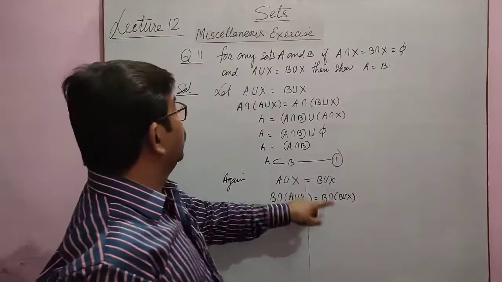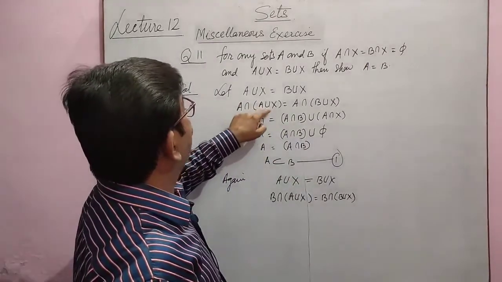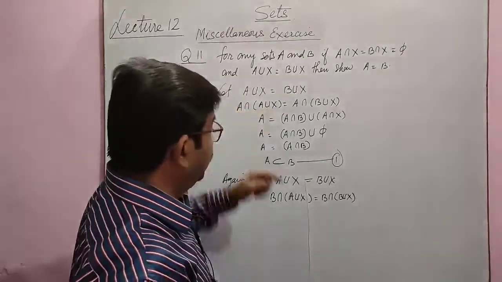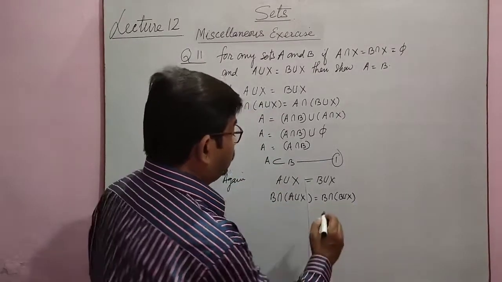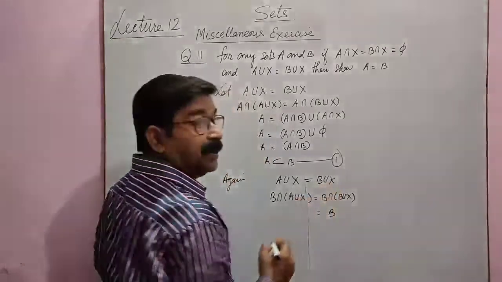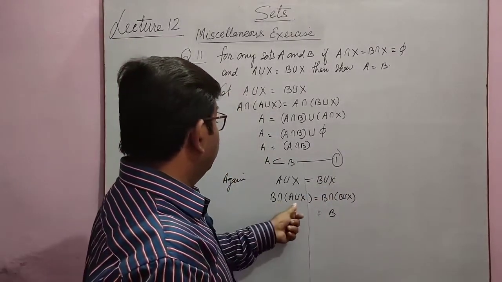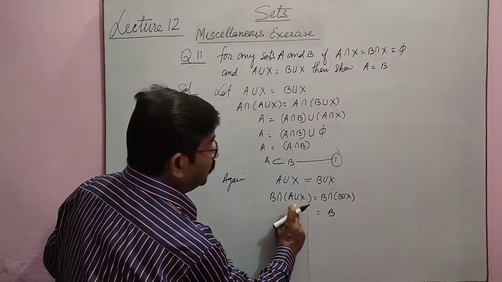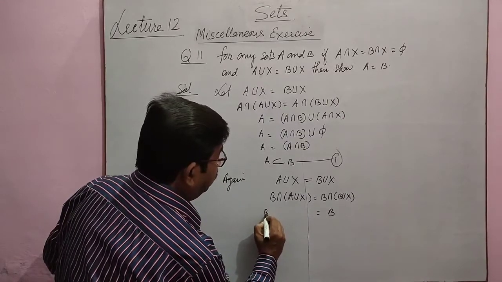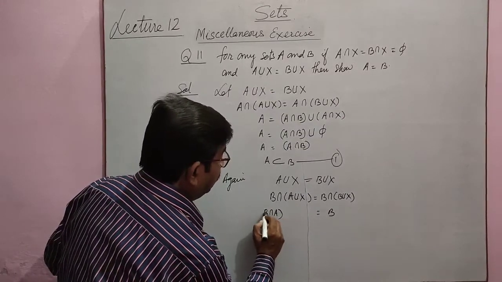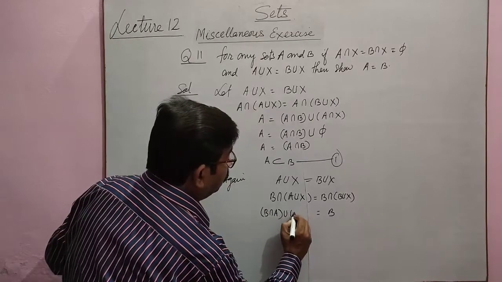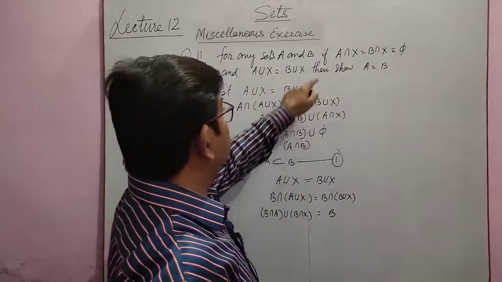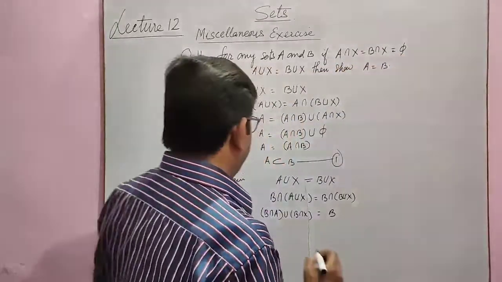Just like A intersection (A union X) is equal to A, here B intersection (B union X) is equal to B. Now this side, apply the distributive property: B intersection A union B intersection X, and B intersection X is given as phi.